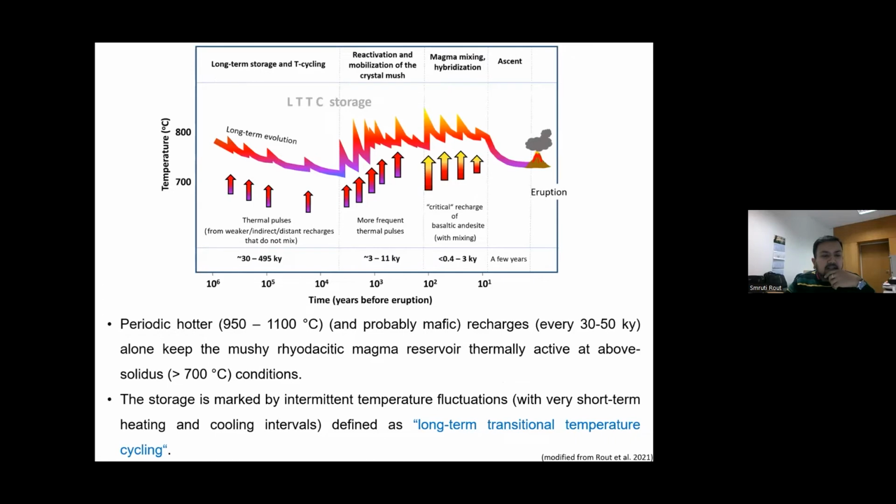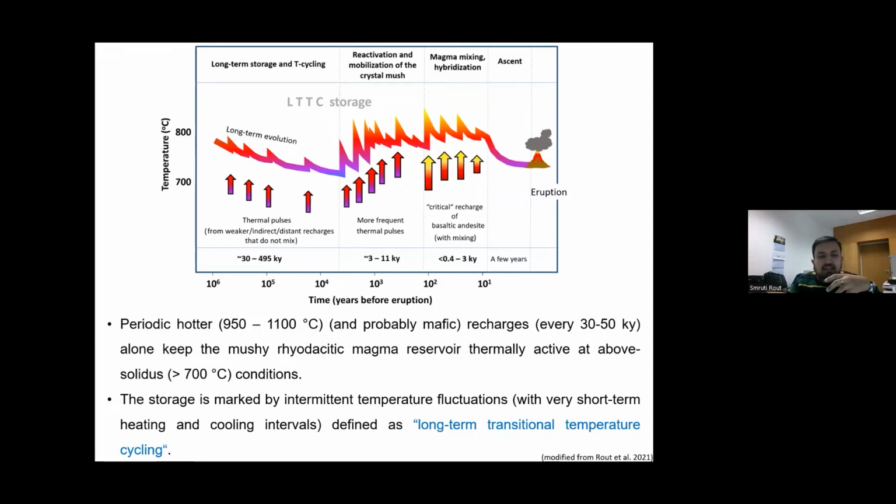And then in the end, when we combine the diffusion timescales with the temperature changes obtained from the barium concentration, using them as a proxy, we sort of get the picture of how the thermal history of these crystals may have looked like before every eruption.